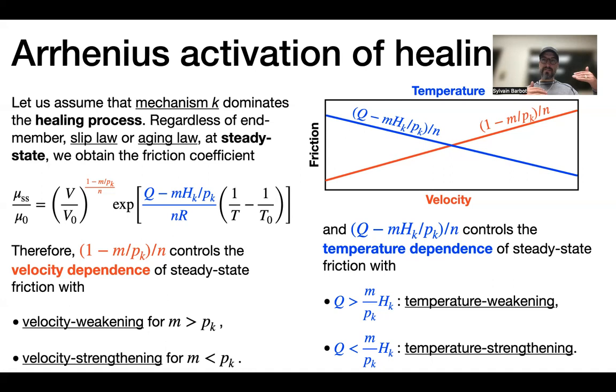And so as the system evolves from one dominant healing mechanism to another, we can then see transitions from velocity weakening to velocity strengthening, temperature weakening to temperature strengthening, etc., in various combinations. And so adapting these coefficients and these activation energies for different healing mechanisms will then allow us to capture these gradual transitions in effective frictional properties.